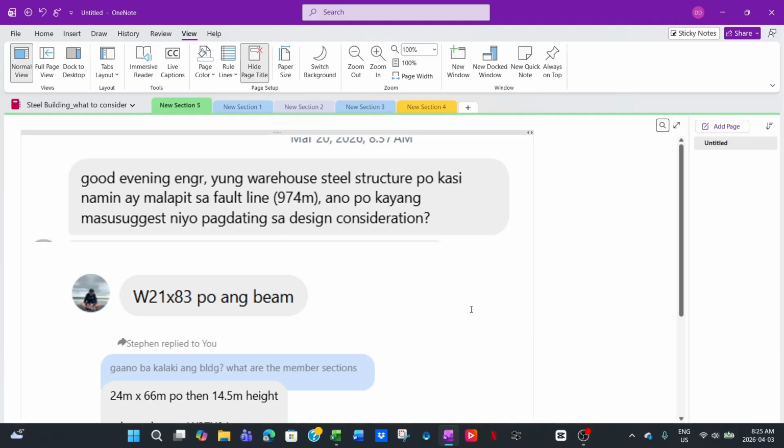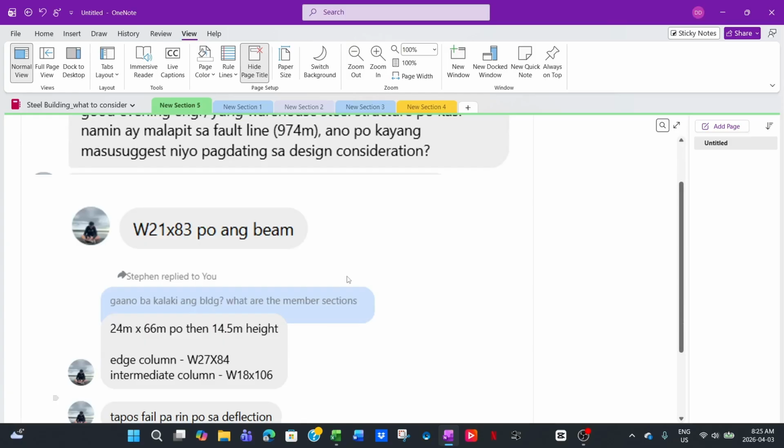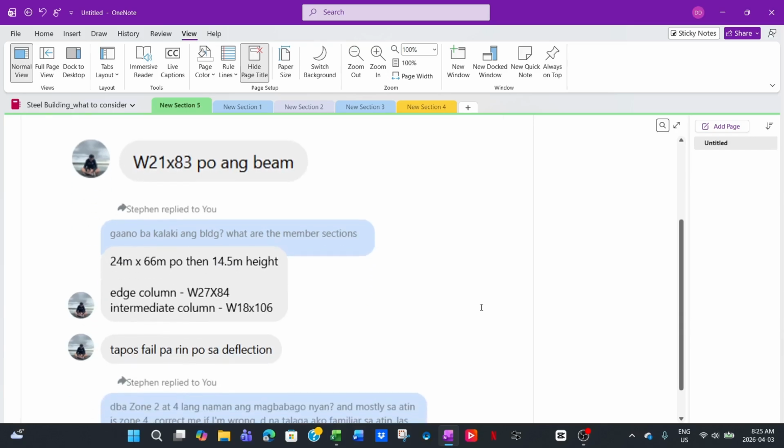And so I asked him further what the dimensions are, and his concern basically was that with his analysis he ended up with this section. He said the edge columns are W27 by 84 and the intermediate columns were W18 by 106.